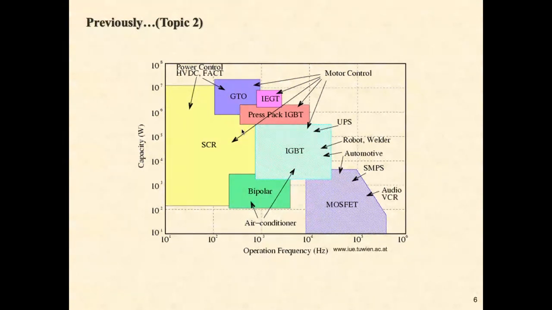So here in topic 2, we mainly go through MOSFET, IGBT, and BJT, right? And then later in the second half of the subject, you will also learn SCR, the varistor converter. And actually in the simulation lab, you will also work with this kind of converter.